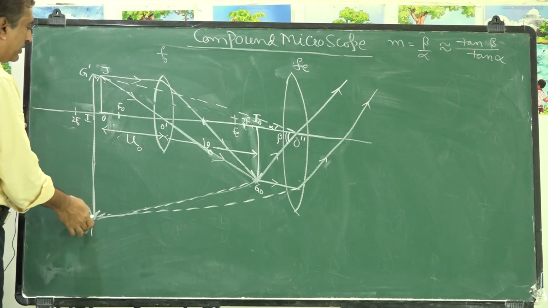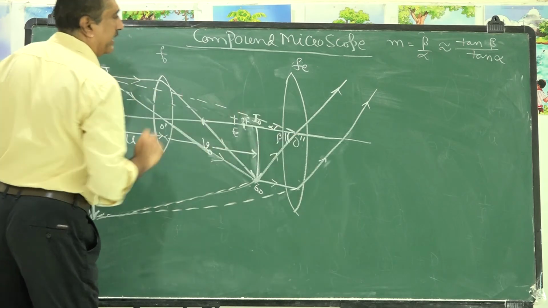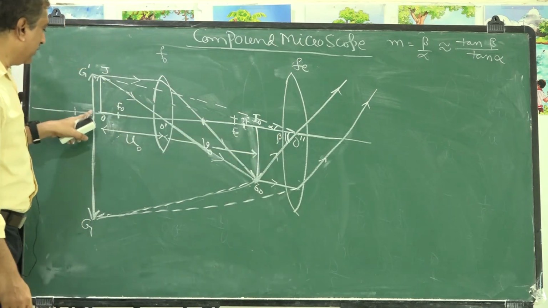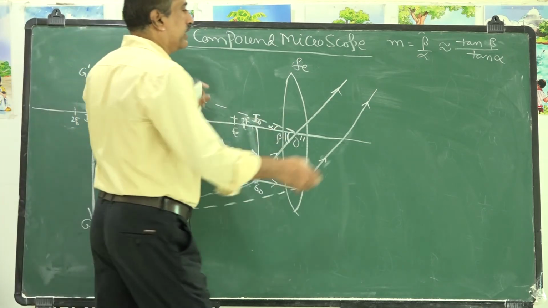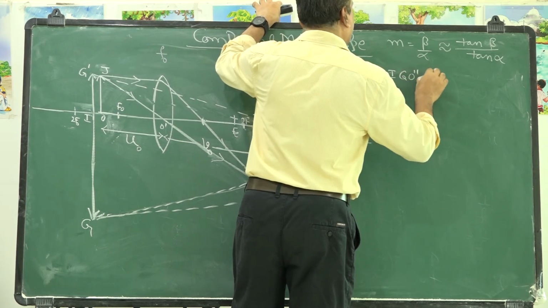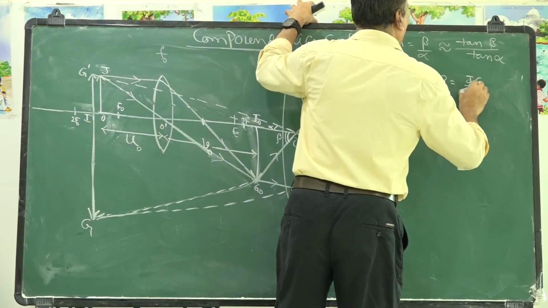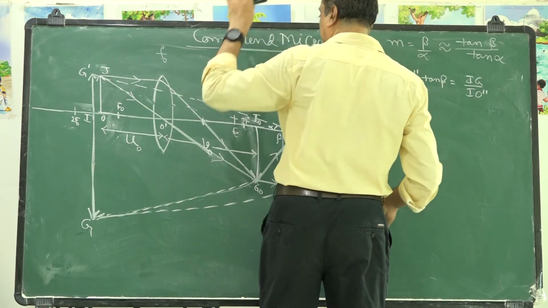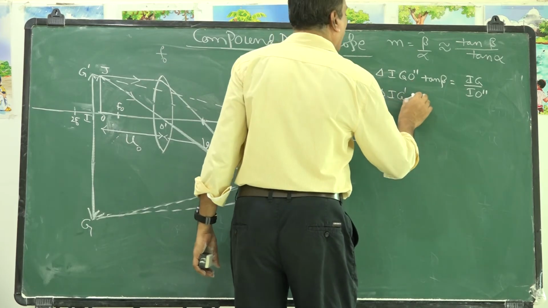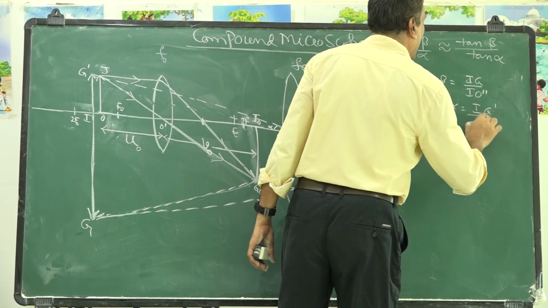Now from these two triangles, IG O double dash and IG dash O double dash: from triangle IG O double dash, tan beta is equal to IG by IO double dash. And from triangle IG dash O double dash, tan alpha is equal to IG dash by IO double dash.